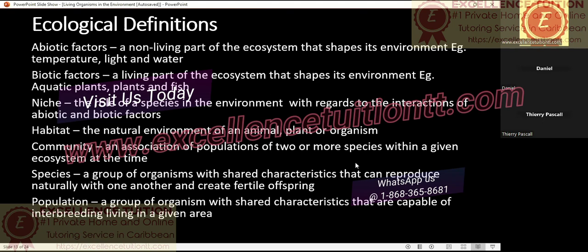So all the tigers, all the snakes, all the monkeys, same place, same time, right? Whereas a population is just one. So all the tigers is a population. All the monkeys is a population. All the people is a population, right? But community is okay, like in Trinidad.